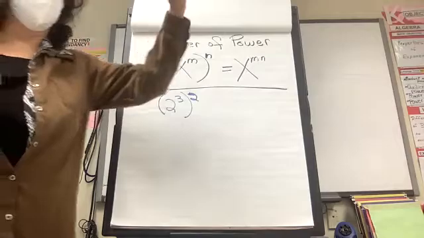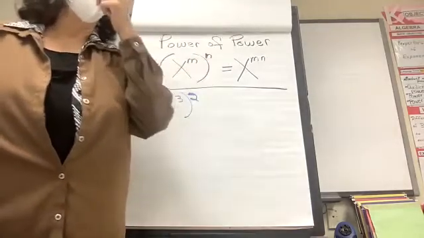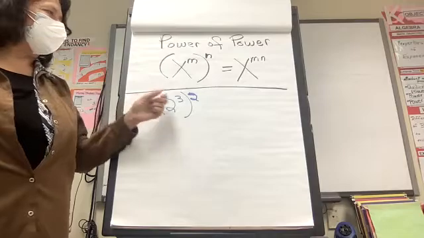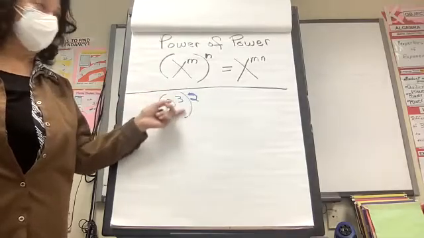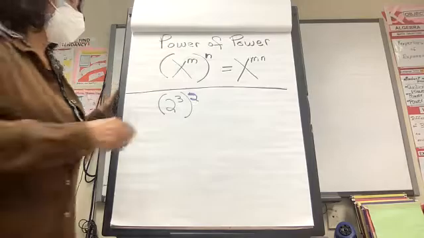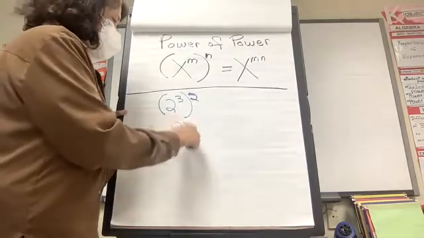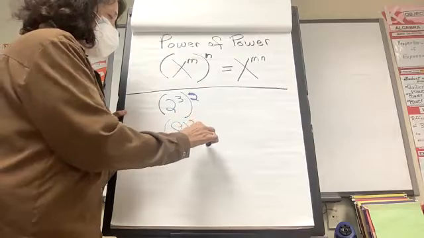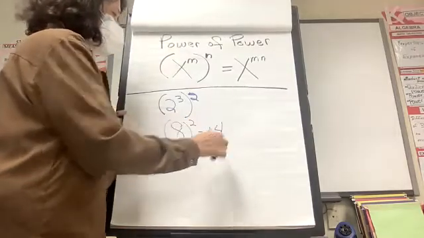It's kind of like in your house. You clean your house inside out. You probably don't go outside and start cleaning out in front of the house until you clean the inside of the house. So we work our way inside out. So 2 to the 3rd is 8. We did the inside, and now we square it. 8 squared is equal to 64.